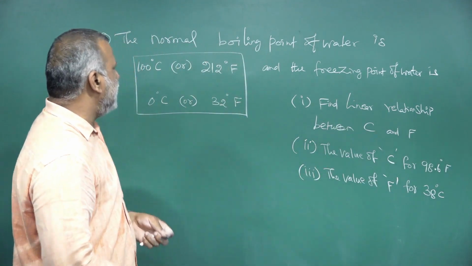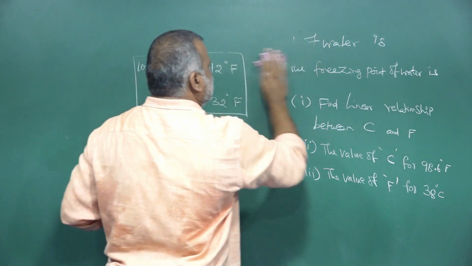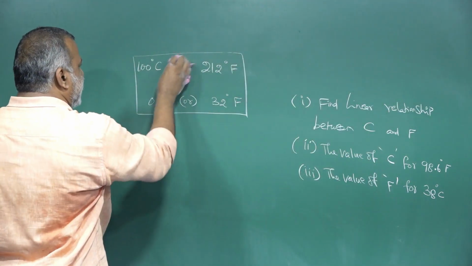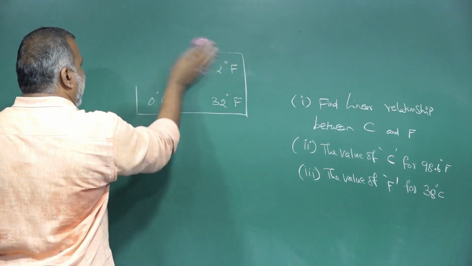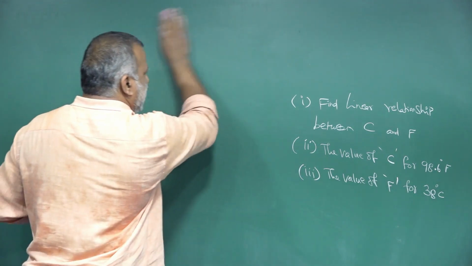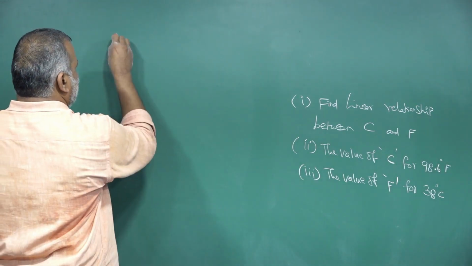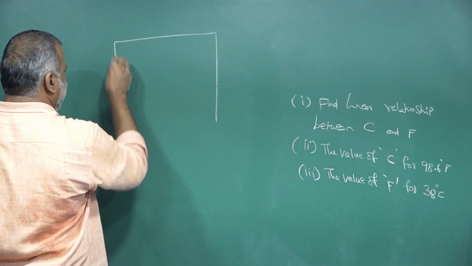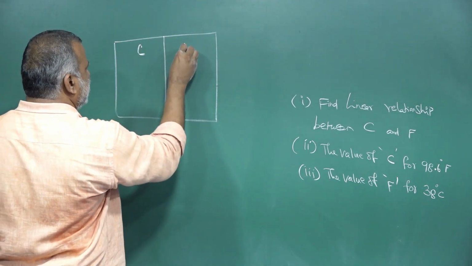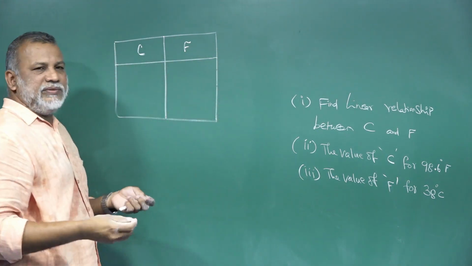So dear students, now listen carefully. We have to formulate all these logics. As per the given data, we are having two ways of measuring the temperature. One measurement is centigrade, another measurement is Fahrenheit.